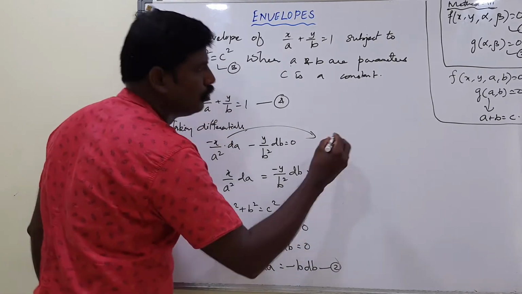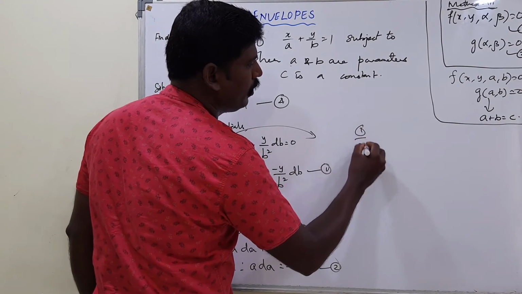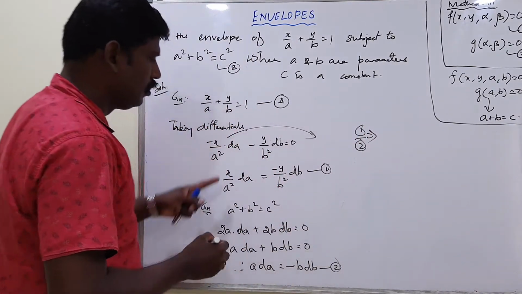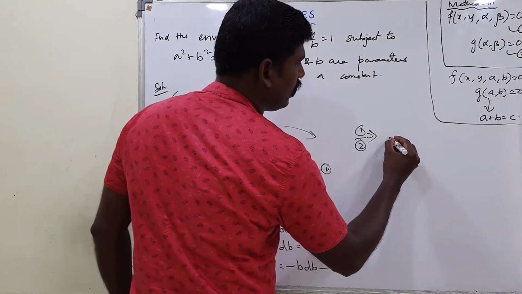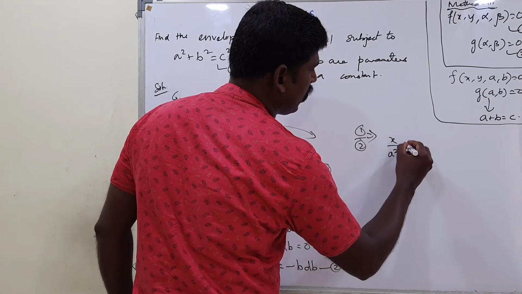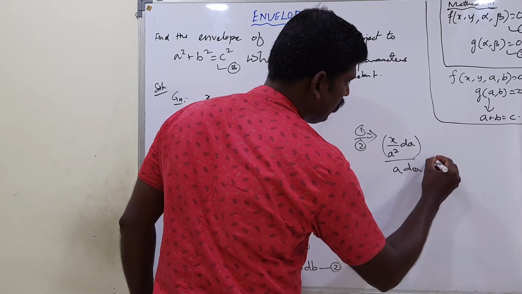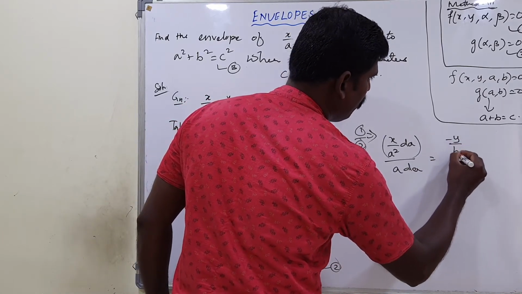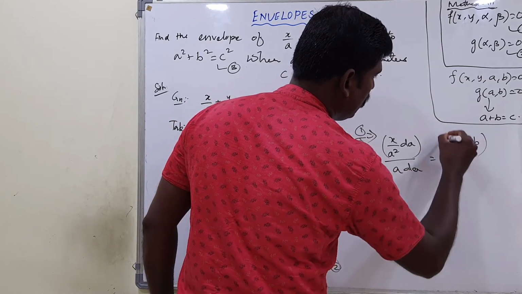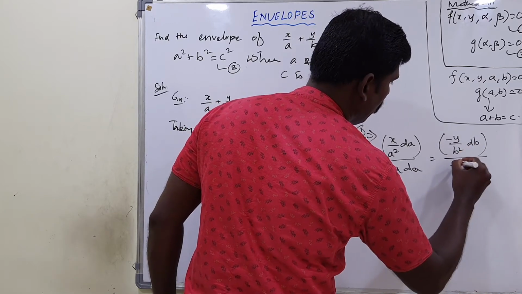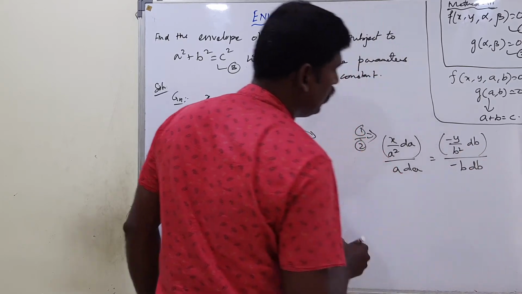Call this equation number 2. Now 1 divided by 2 implies, right? So 1 divided by 2, x by a square into dA by a dA equal to minus y by b square into db by minus b into db, right?